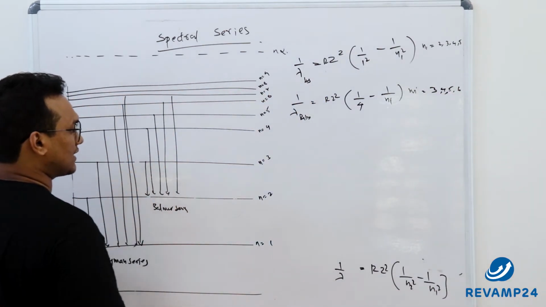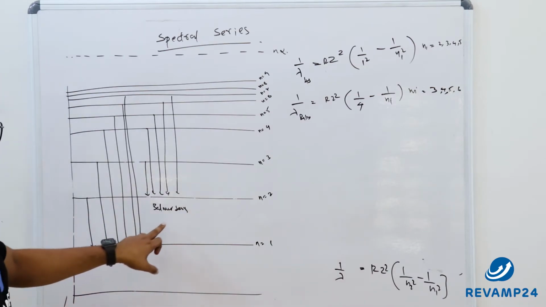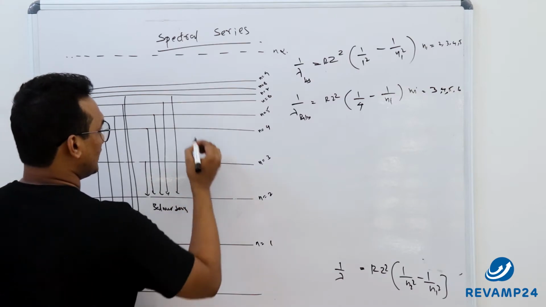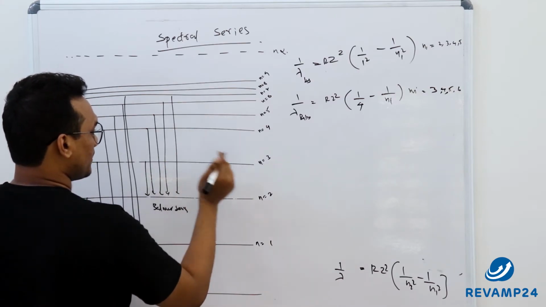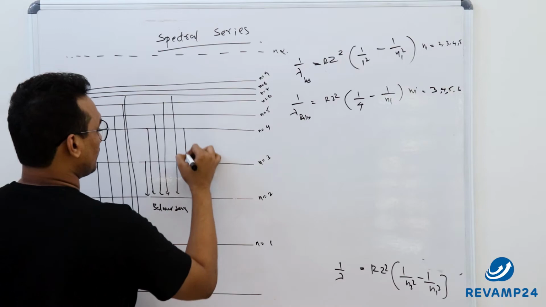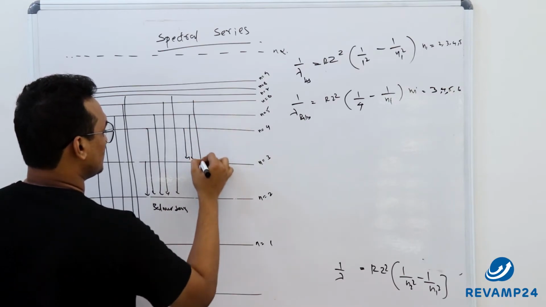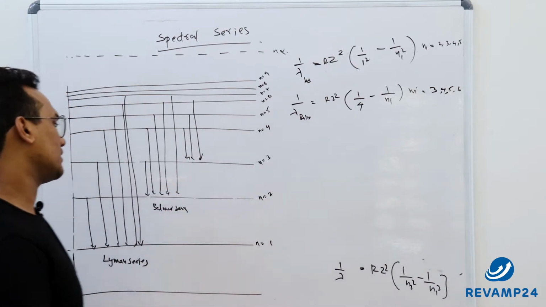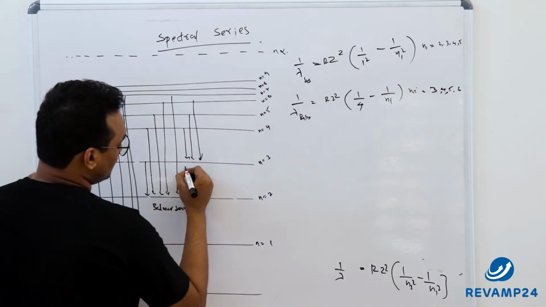Now the next one after Lyman and Balmer is Paschen, that is to n equal to 3 from 4, 5, 6 in this way. I am only marking 3 because I have 3 more series. This is the Paschen series.